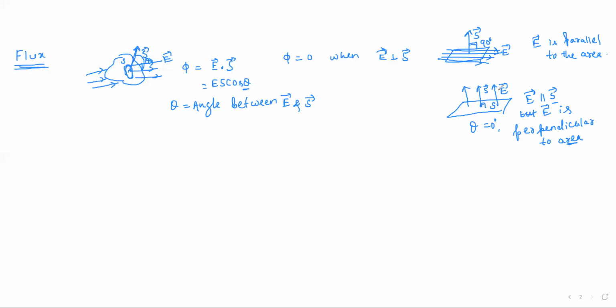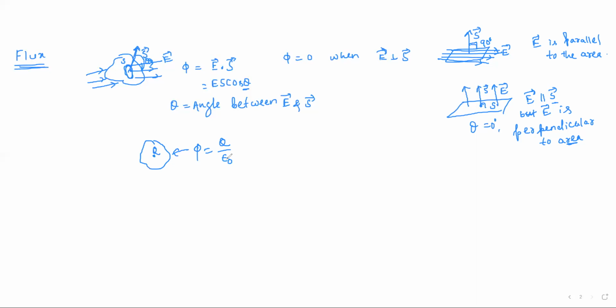Combining with Gauss law, which says that the total flux linked with a closed surface is 1 by epsilon naught times the total charge enclosed. If this surface has charge q, then the flux linked with the surface phi equals q by epsilon naught.